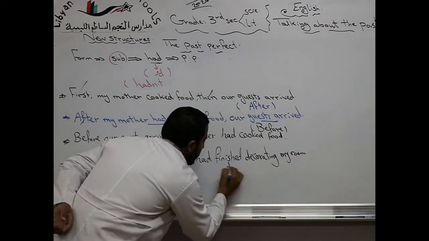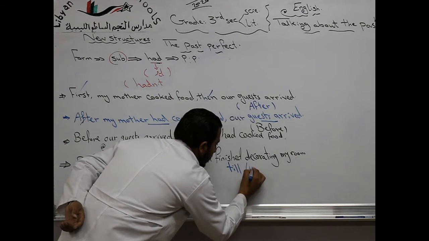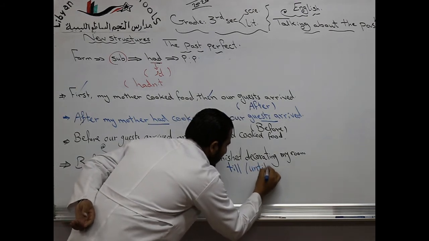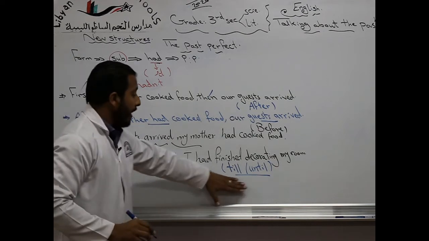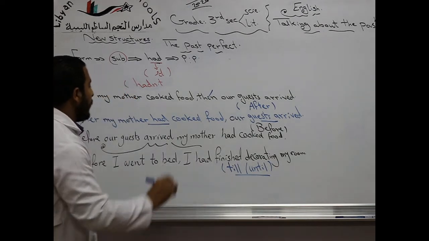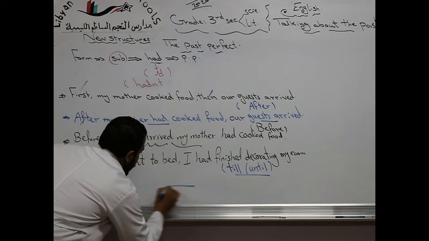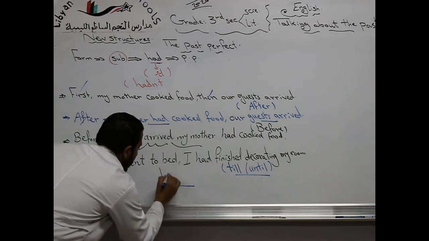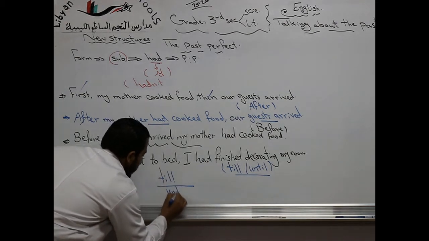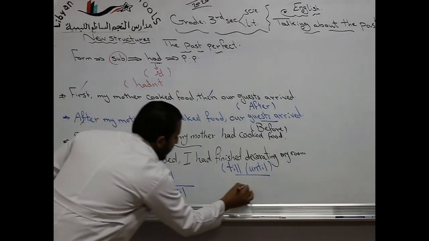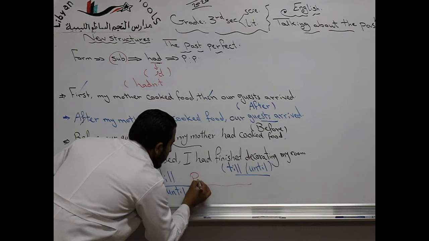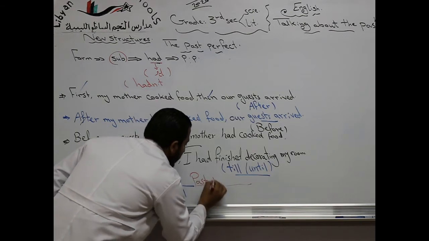If I want to use till or until, these two words have nearly the same meaning, but when we use them in the middle, till or until must be followed by past perfect.